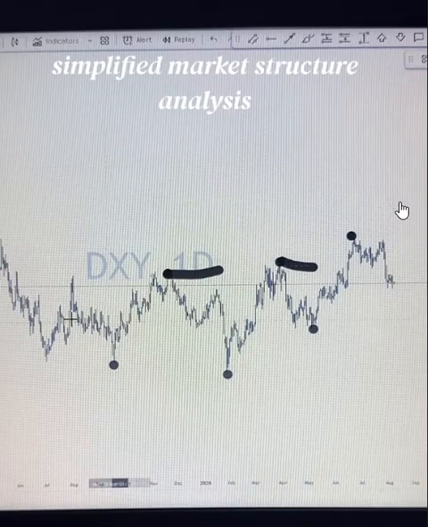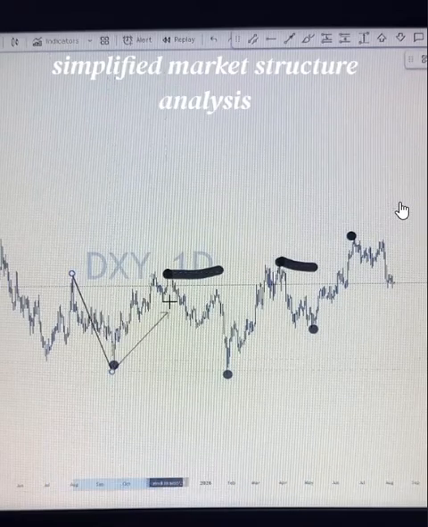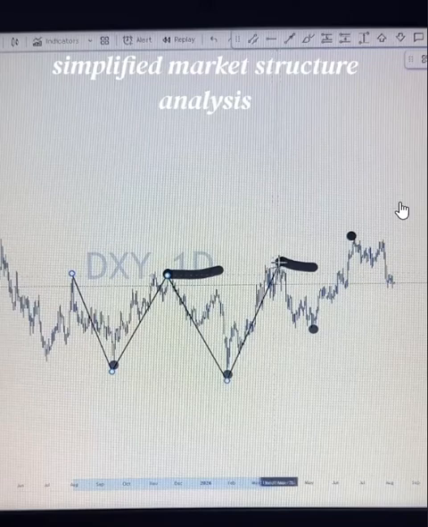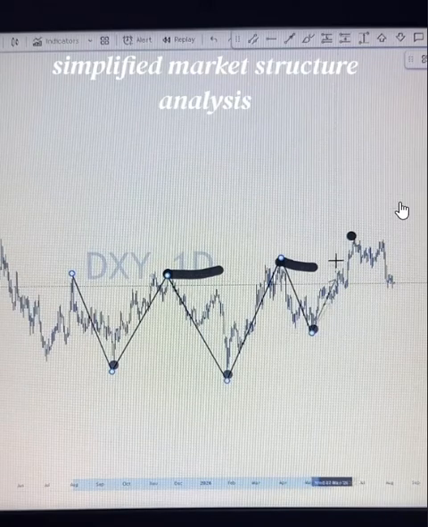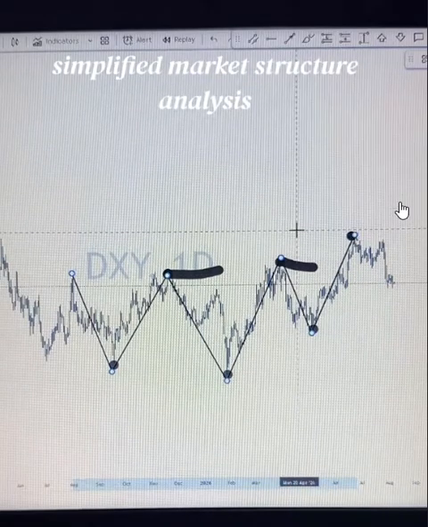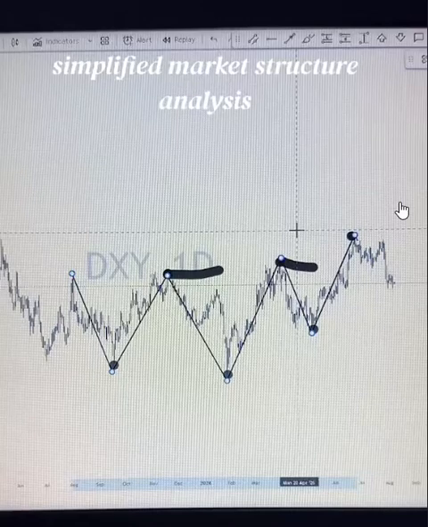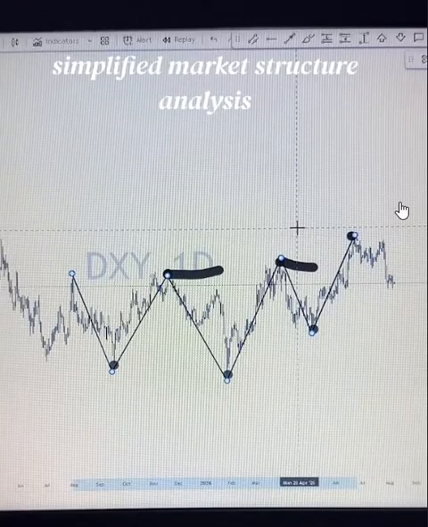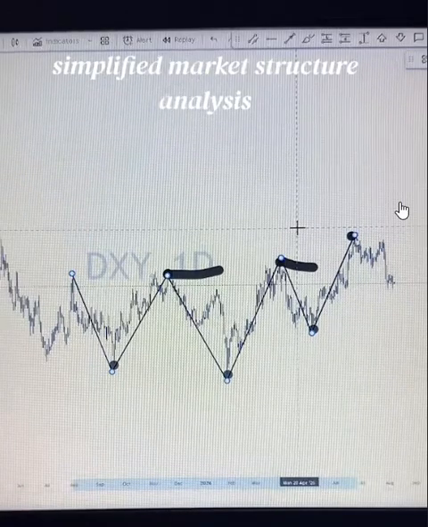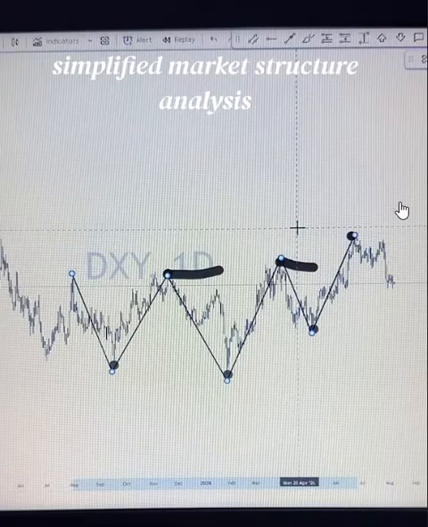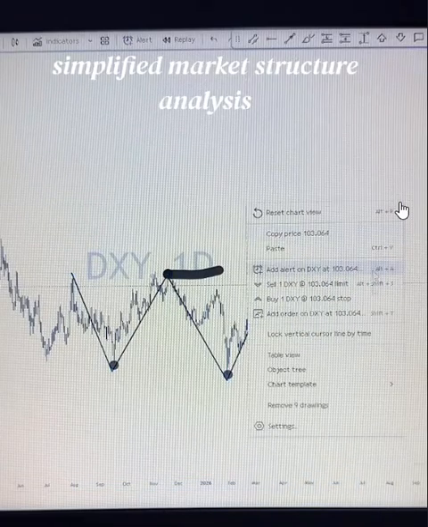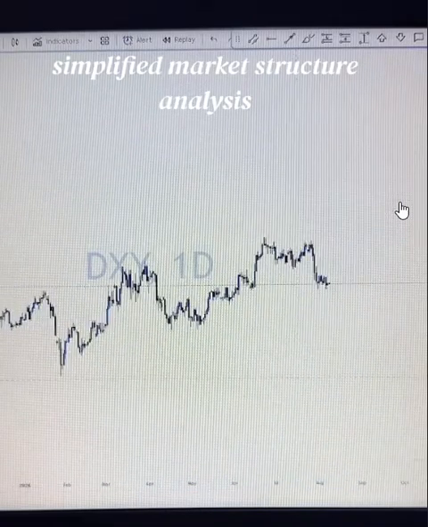With this alone, it means that the market is what? Is the market bullish or bearish? What is the market right now? So with this in mind, it simply means that the market is bullish.